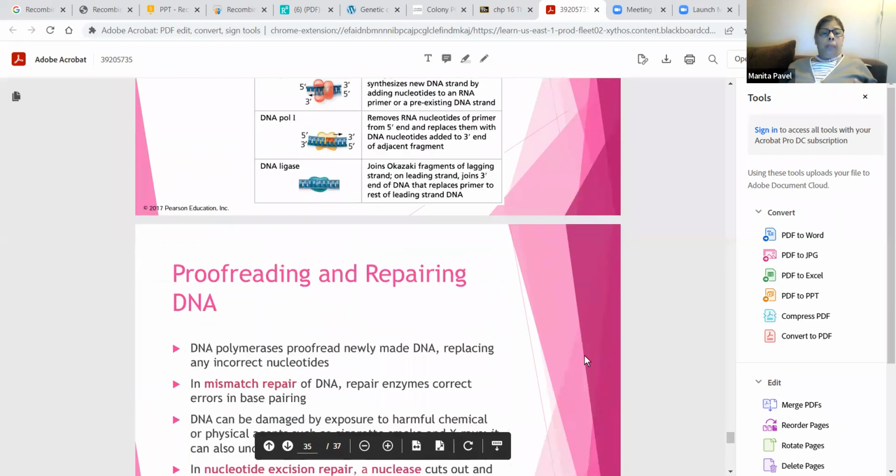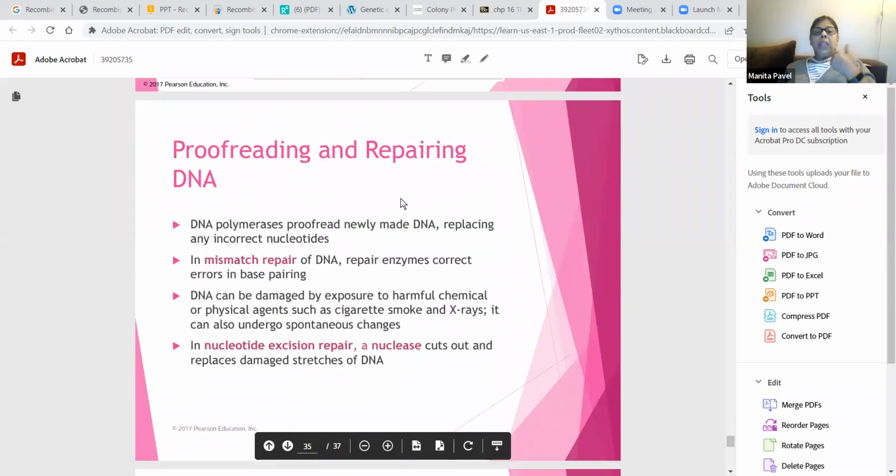And here we have proofreading and repair of DNA. How is DNA proofread? How can it be repaired with the help of repair enzymes? DNA polymerase proofreads the newly synthesized strand, which is the complementary strand, replacing any incorrect nucleotide.